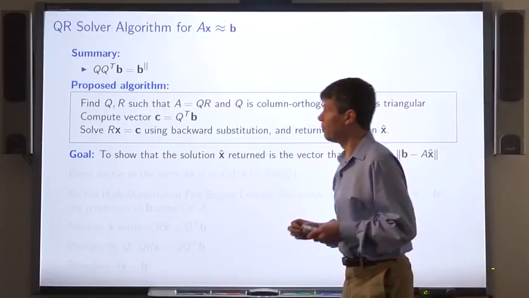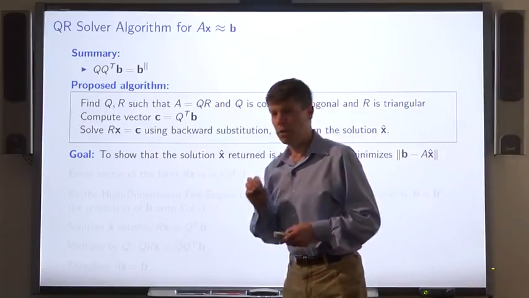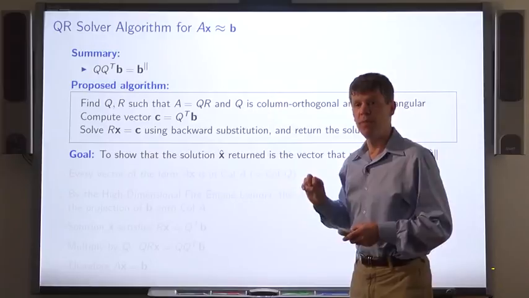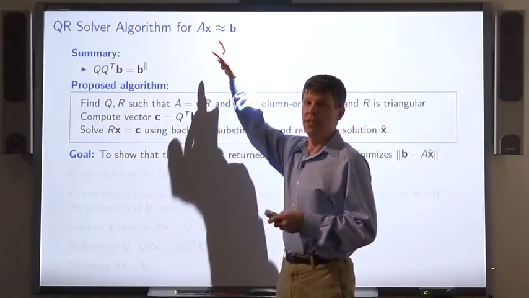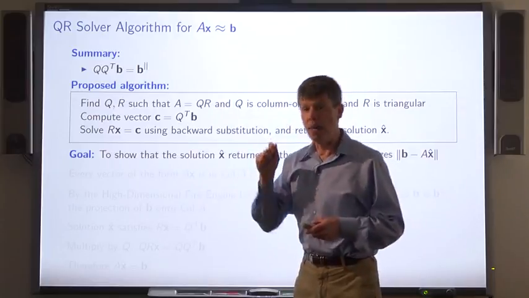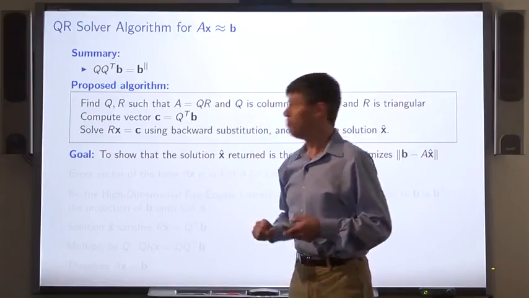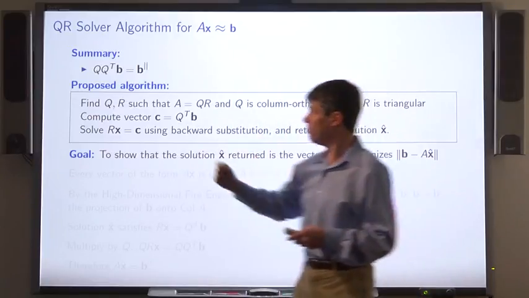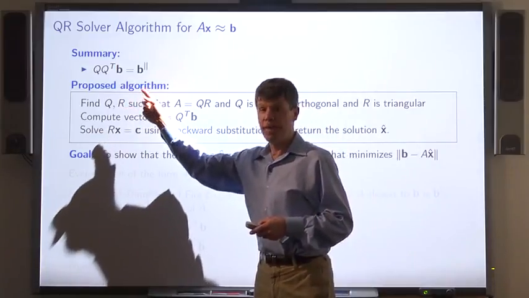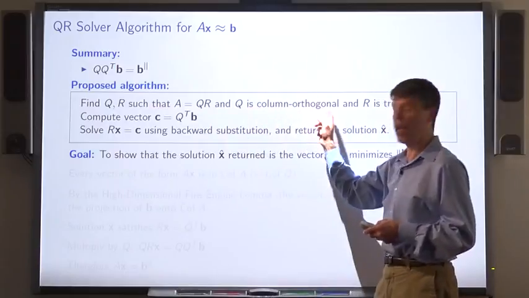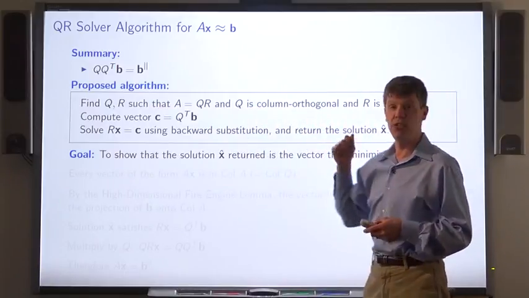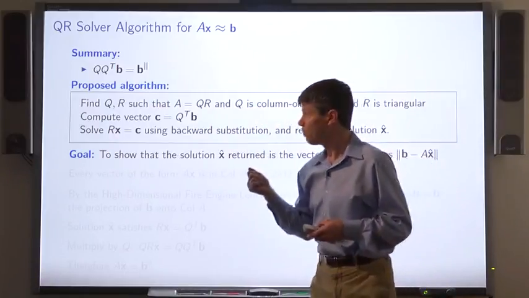Now let's use this. Here's the proposed algorithm for solving the least squares problem, that is, finding the vector x such that Ax best approximates the vector B. Find matrices Q and R such that A is the product of Q and R, where Q is a column orthogonal matrix and R is upper triangular.